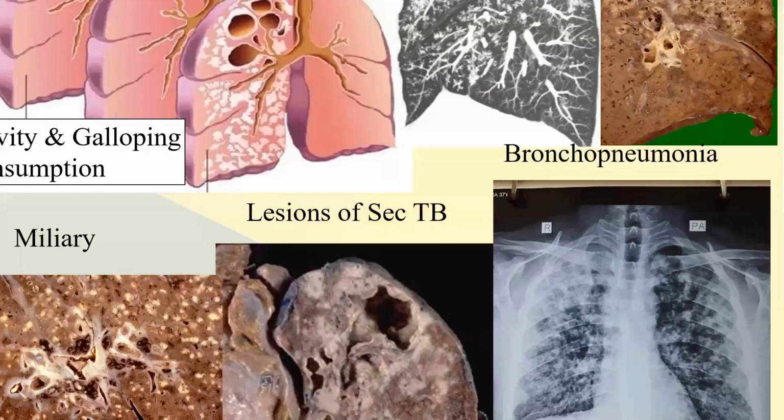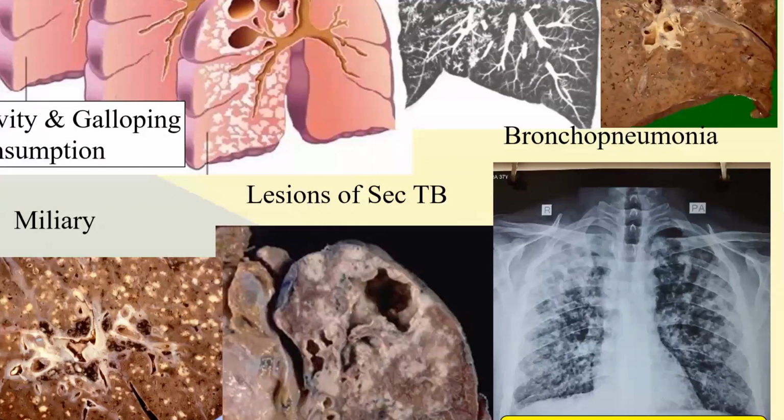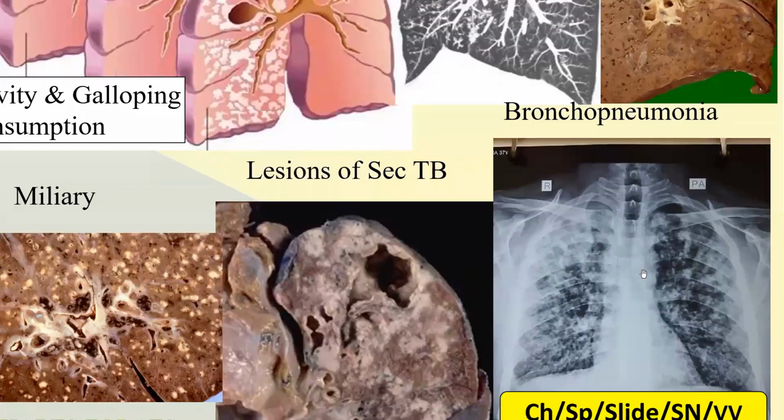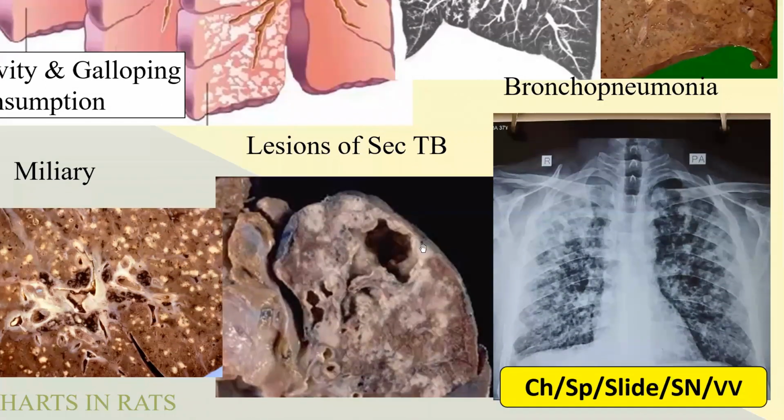Radiologically also, I will be able to see multiple patchy areas of consolidation, which is classical of a bronchopneumonia. This is a larger version of a cavity surrounded by patchy areas of consolidation, and this is a tuberculous bronchopneumonia.